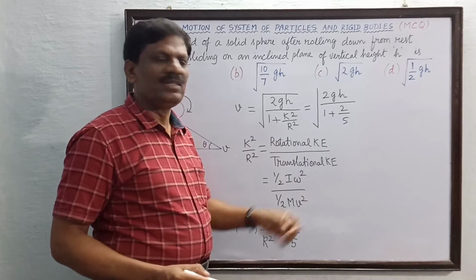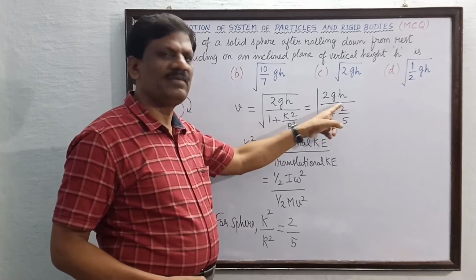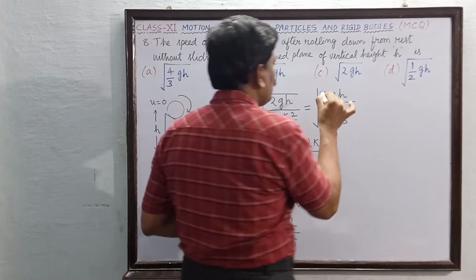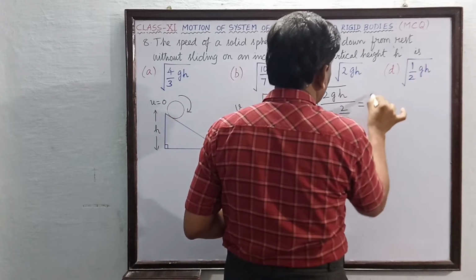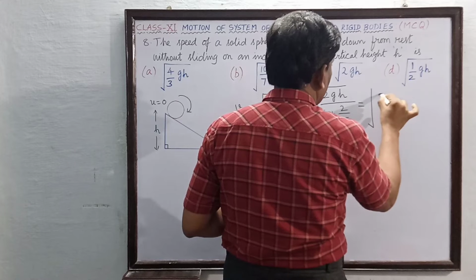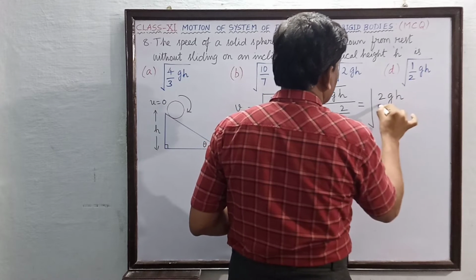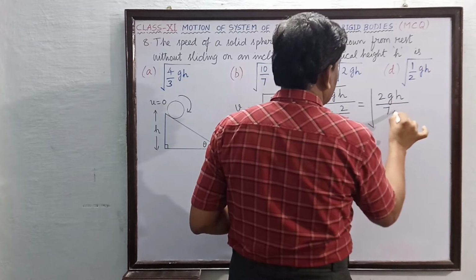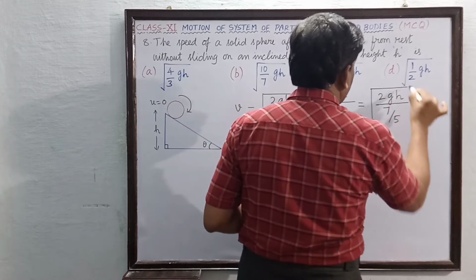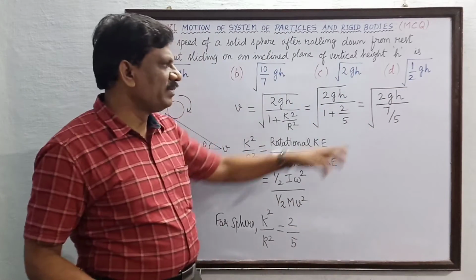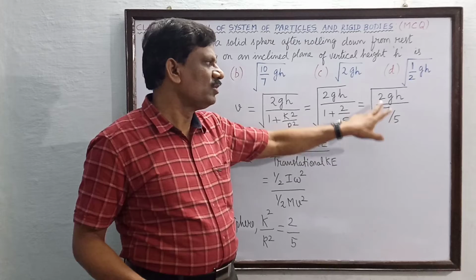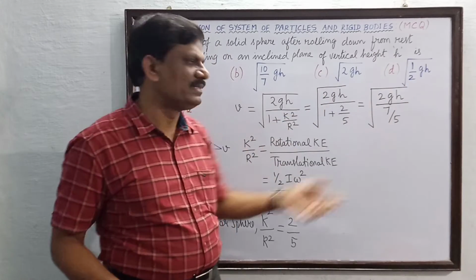Now if we take the LCM, 5 into 1 is 5, 5 plus 2 is 7 by 5. Okay? So this is equal to square root of 2gh divided by 7 by 5. Divided by 7 by 5 is also equal to 2gh into 5 by 7.